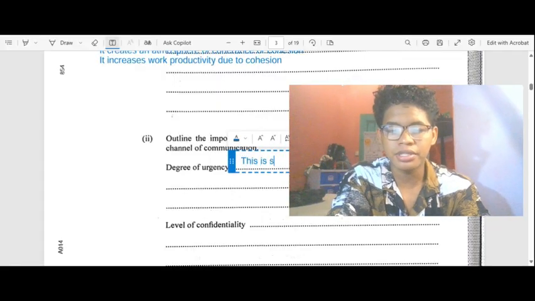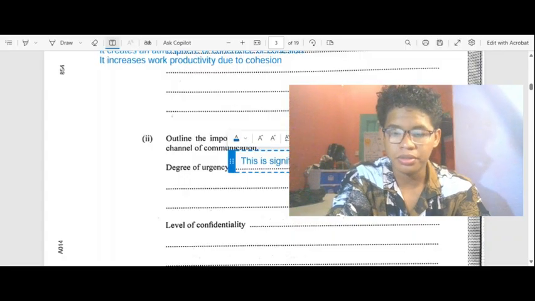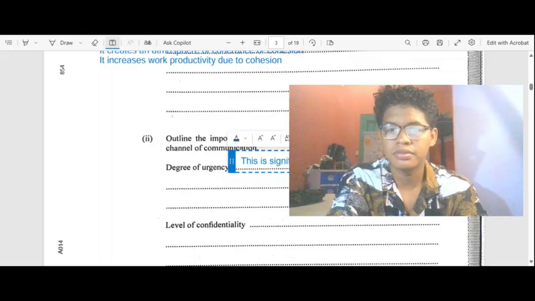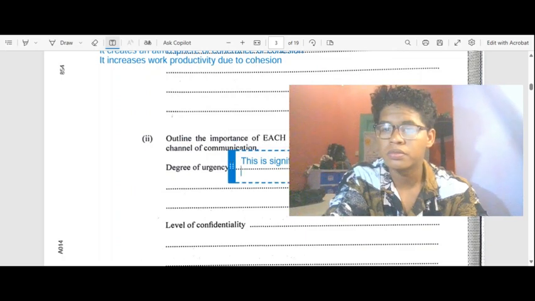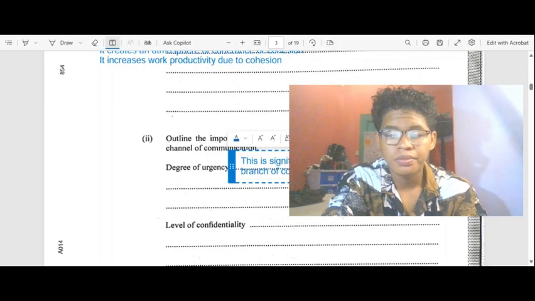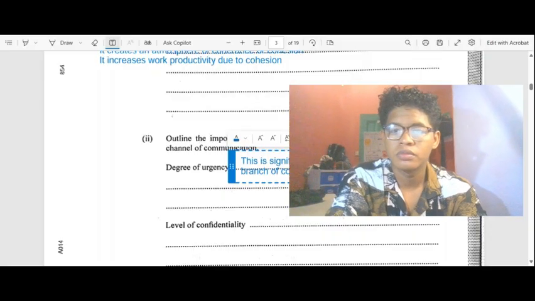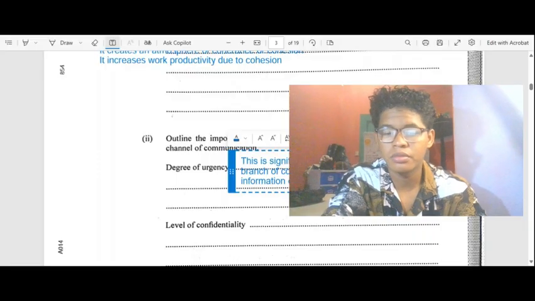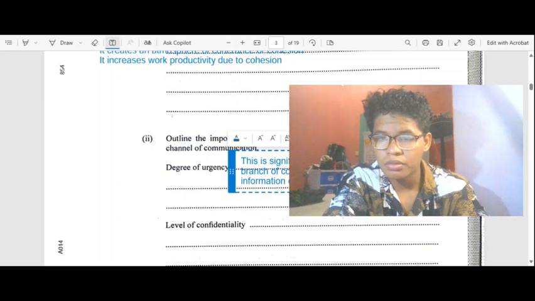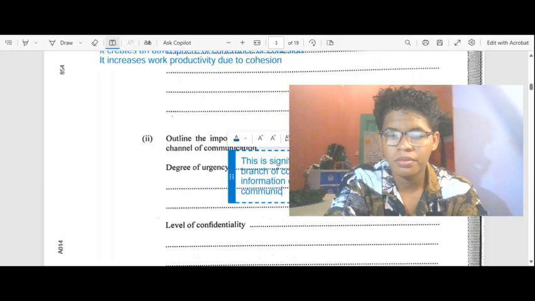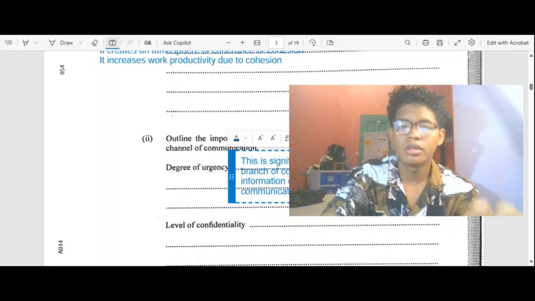This is significantly important in selecting a branch of communication, depending on the emergency setting.